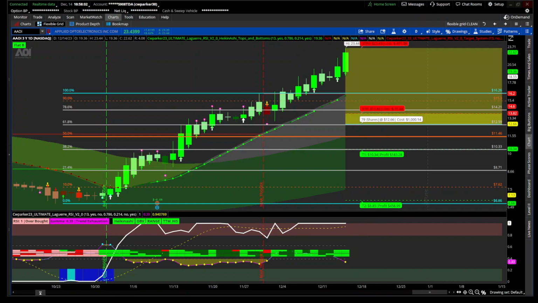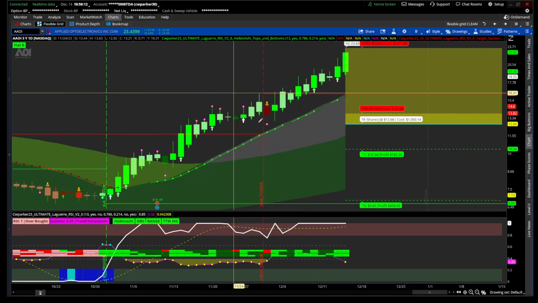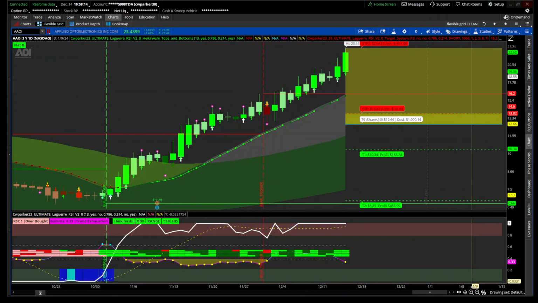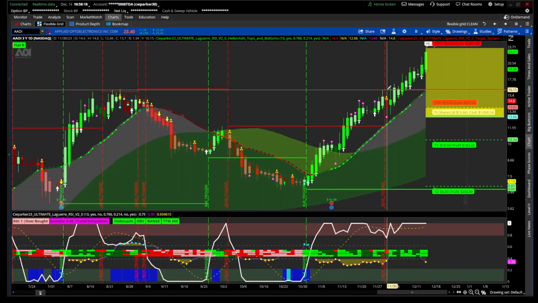You can see now that I moved it to short. You can see right here would have been your entry, and this would have been your resistance line. Let me get rid of the Fibonacci thing I had up there. But this was your resistance line right here, and that would have been your first stop.